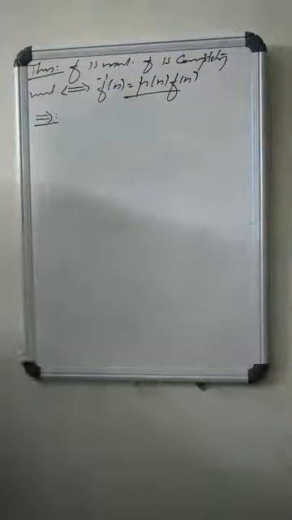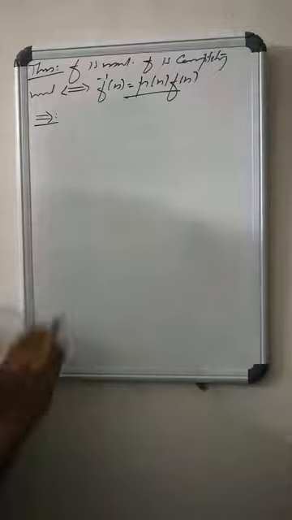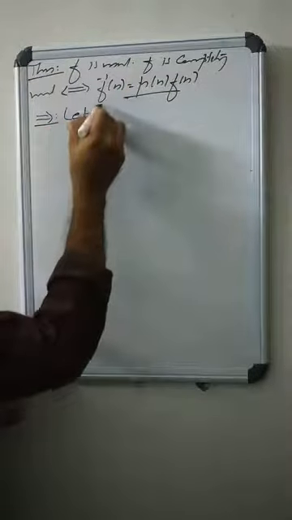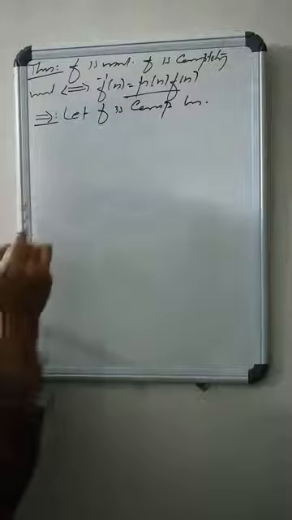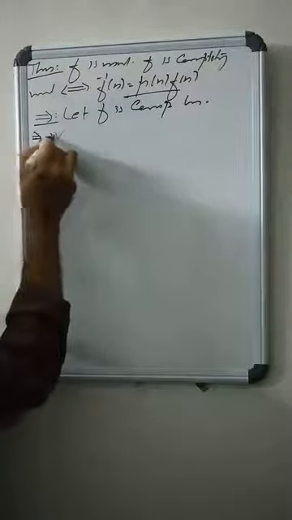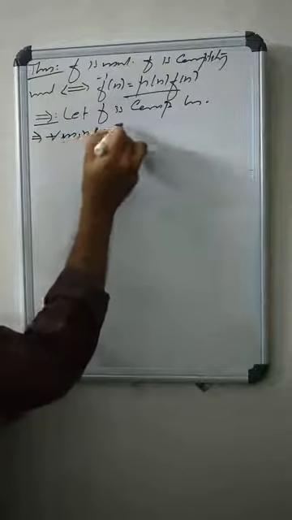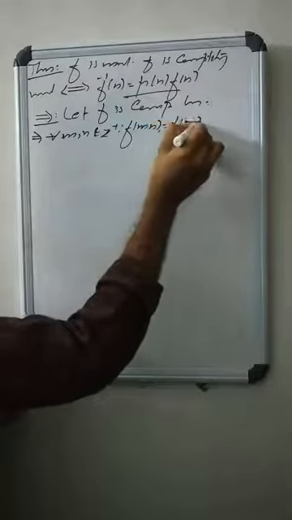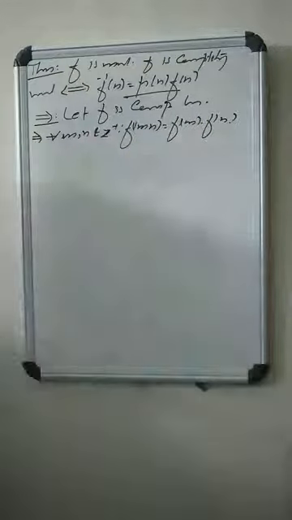How to prove? The necessary argument is immediate. Why? Suppose f is completely multiplicative. That means for all m, n in the positive integers, f of mn equals f of m into f of n.